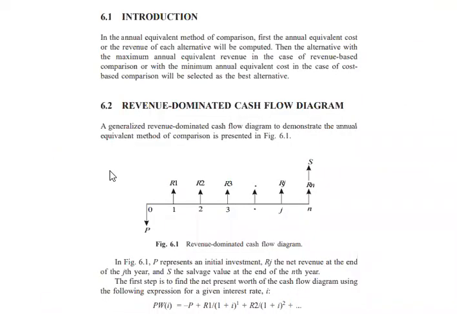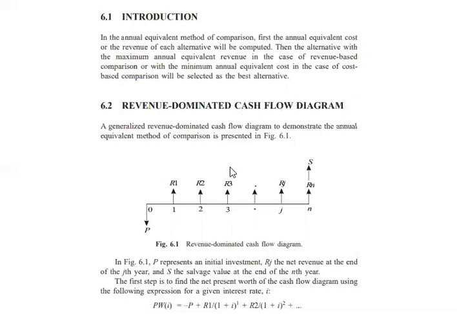We are knowing about the annual equivalent method. In this method, in general, we can say it is also a concept of selecting the best alternative, right? So in the method of comparison, first the annual equivalent cost or revenue of each alternative will be computed.